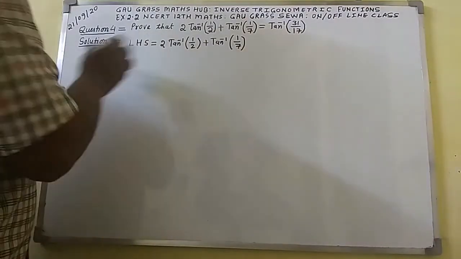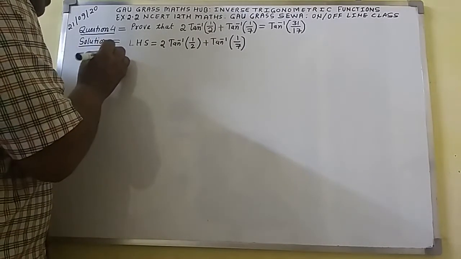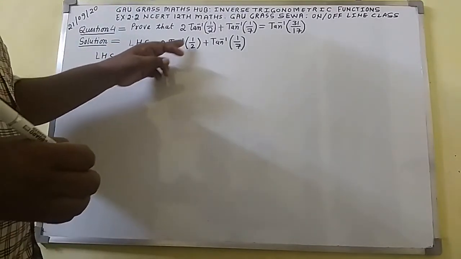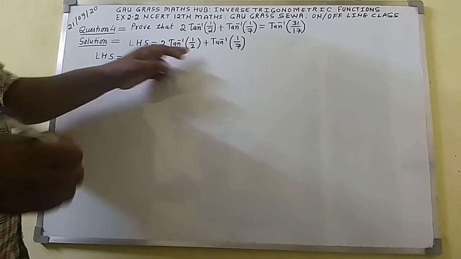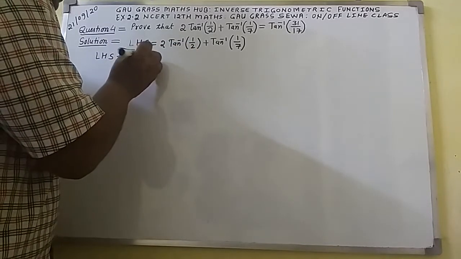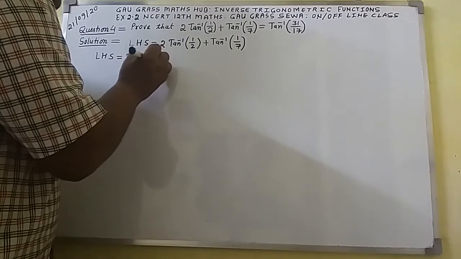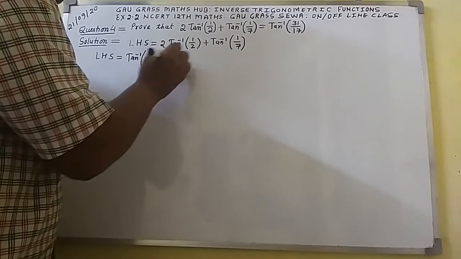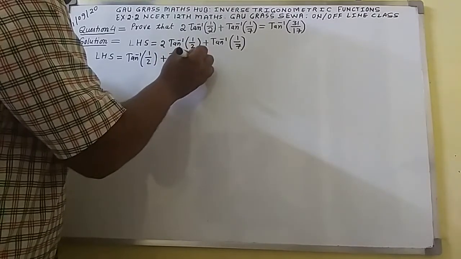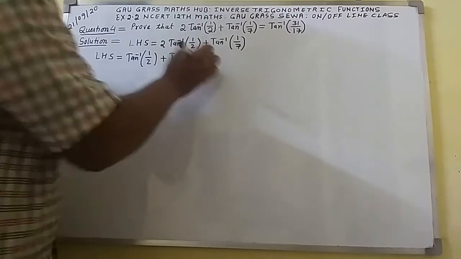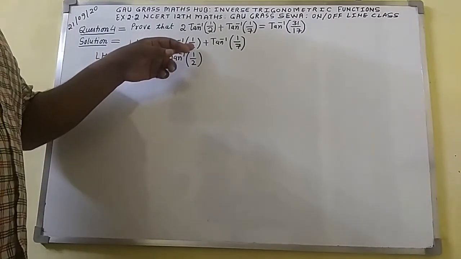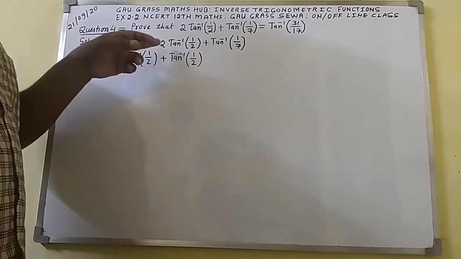So LHS is equal to 2 tan inverse (1/2), which can be written as tan inverse 1/2 plus tan inverse 1/2, because tan inverse (1/2) is taken twice.